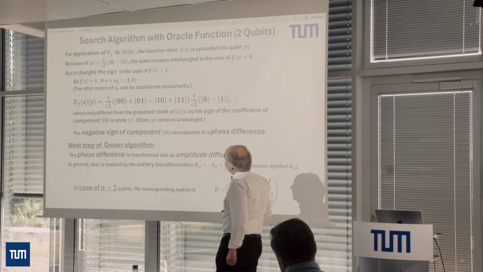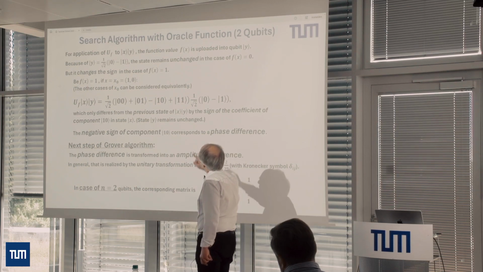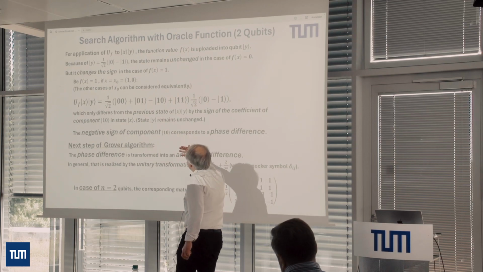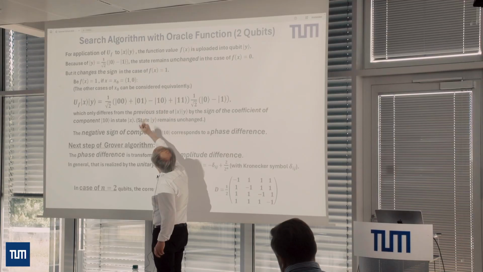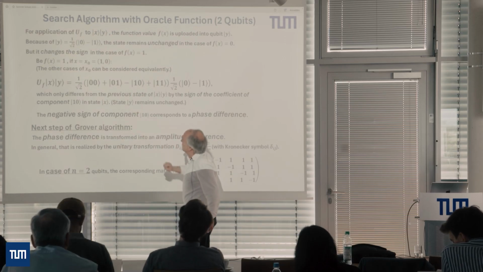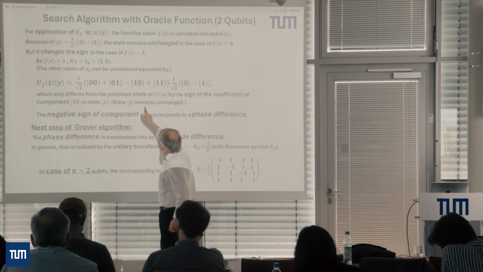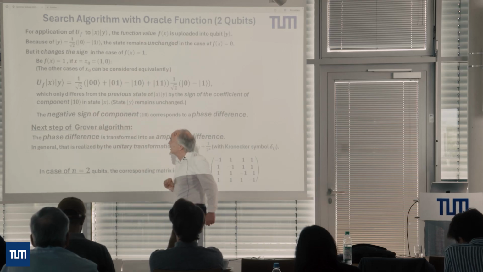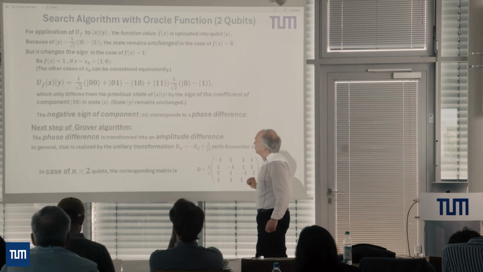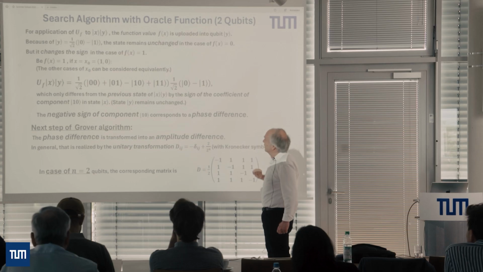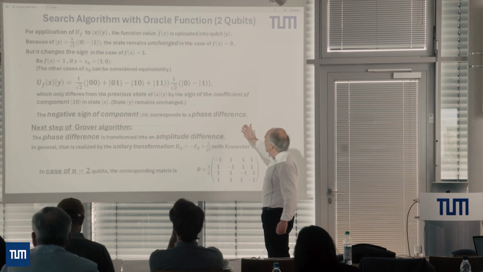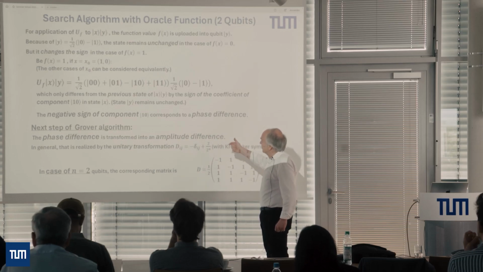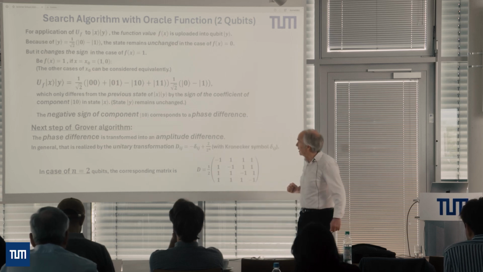That means the sign is changing here of the concerned component, and we consider here the assumption that the solution x0 is 1, 0. That means here in the application case of the oracle function, we get there the change of the sign, minus. This negative sign of the component corresponds to a phase transition, and the phase difference here can be realized and transformed by an operator.